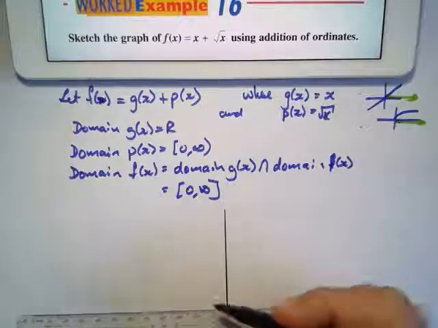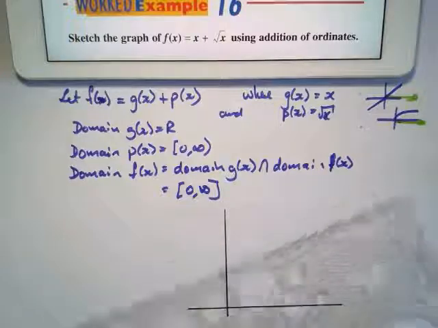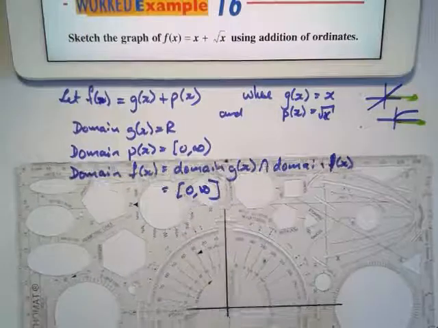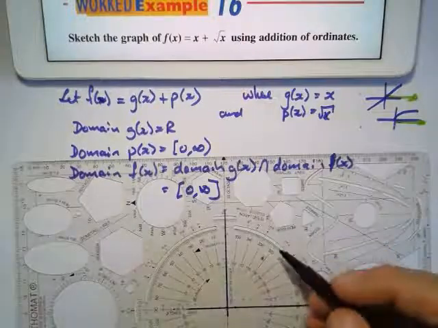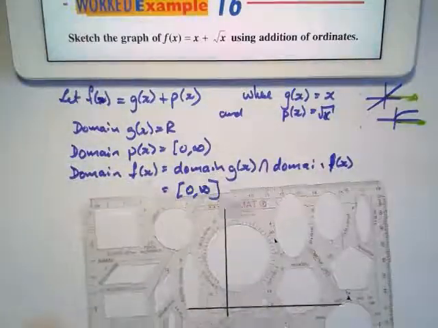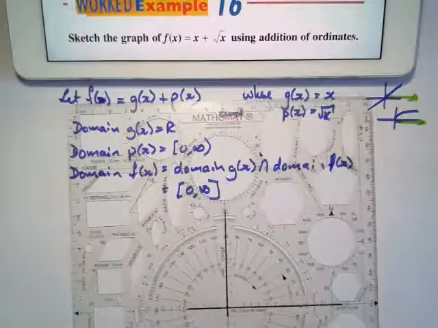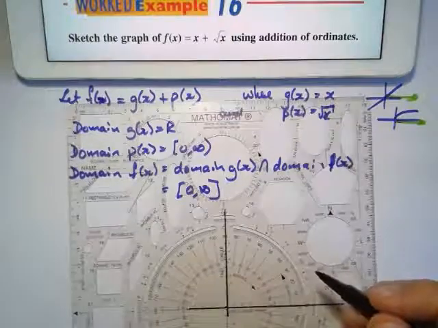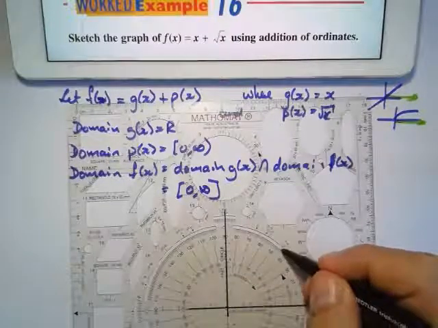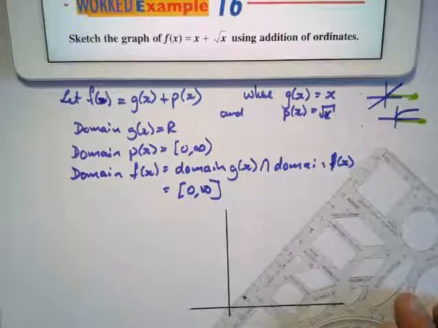It's only going to exist on that side. I know that that's at 45 degrees, so if you have your protractor, use 45 degrees just to get a pretty accurate drawing. So it's going to look like that.